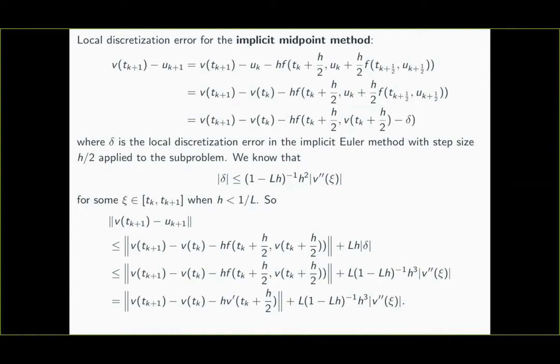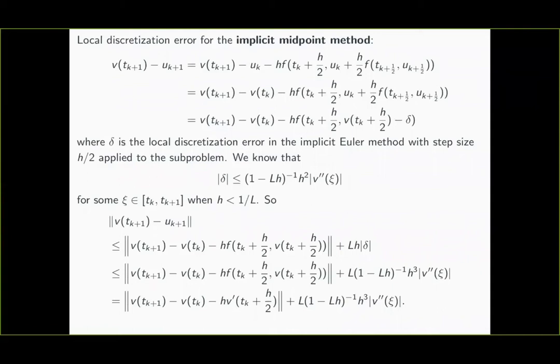Okay, now we can pull off something similar as we've done. I find that the size of v(t_{k+1}) minus u_{k+1} is bounded from above by the following expression, namely the norm of v(t_{k+1}) minus v(t_k) minus h times f at t_k plus h over 2, v(t_k) plus h over 2.